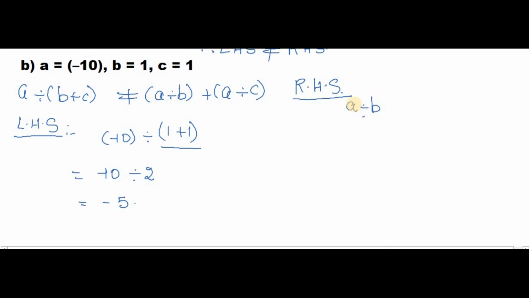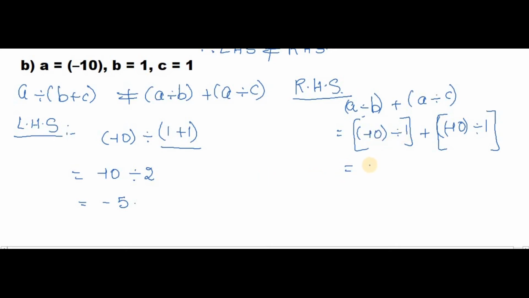a divided by b plus a divided by c. So what is the value of a here? -10 divided by 1 plus the value of a is -10 divided by c, which is 1.